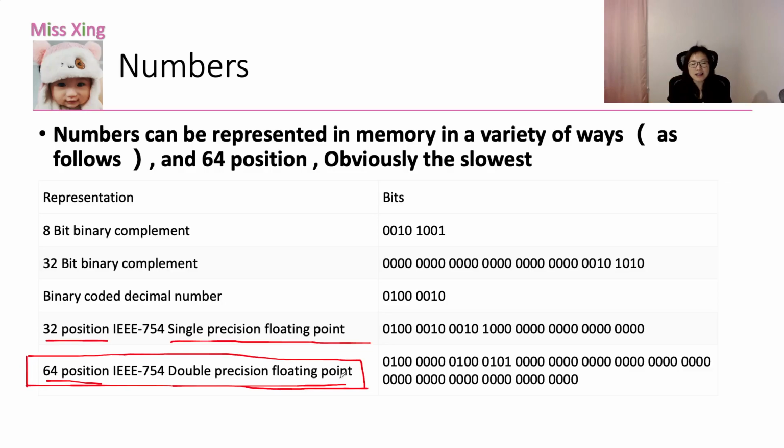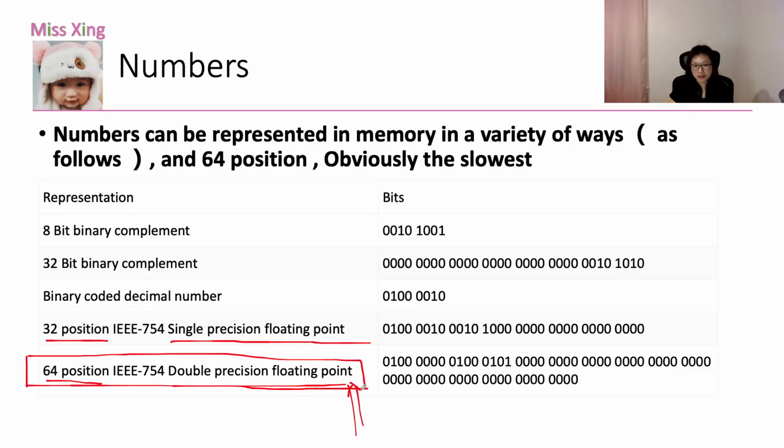From this table we can see that if we represented only 1, 2, 3, 4, 0, 1, 2, and those numbers all as 64-bit double precision floating point, it would be very slow, right? It's not necessary to use 64 bits to represent all numbers inside JavaScript, but we also need to follow the specification.